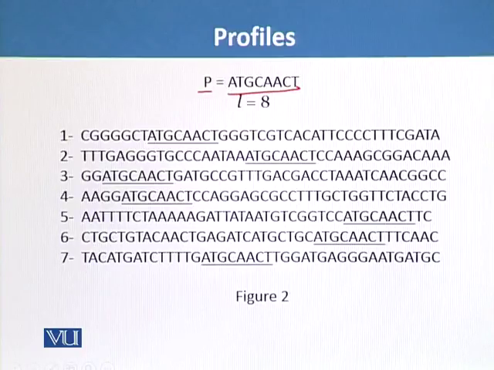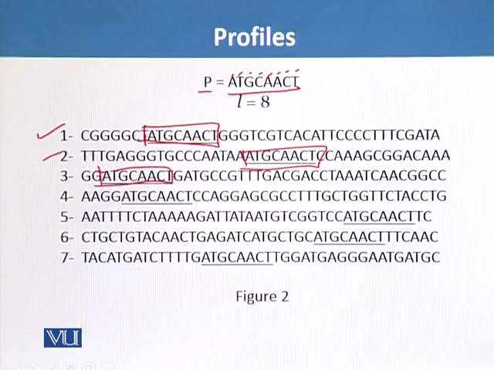The sequence of the pattern is ATGCAACT. In the first sequence we have inserted this pattern in this location, in the second in this. So randomly we have added this pattern within all the 7 sequences of DNA.